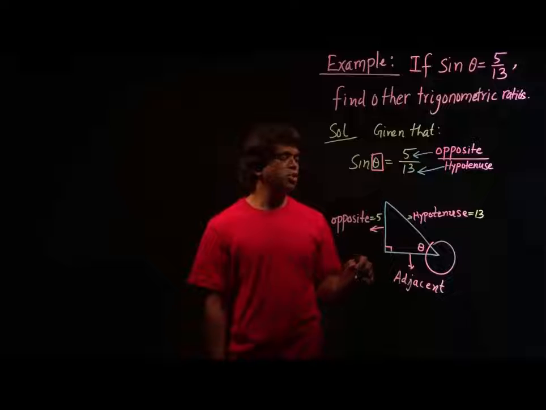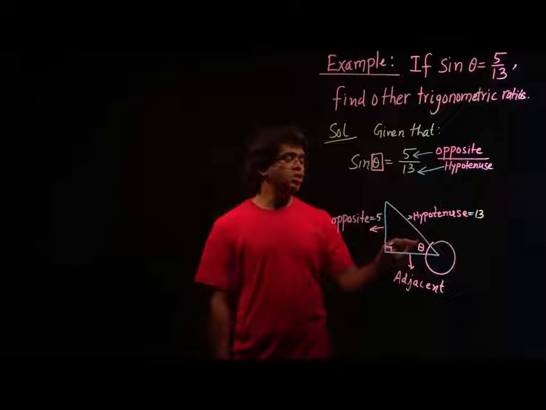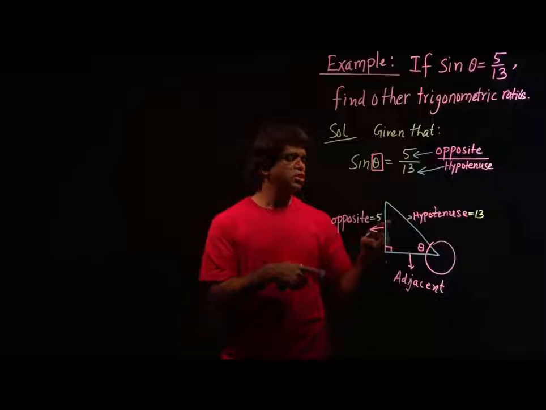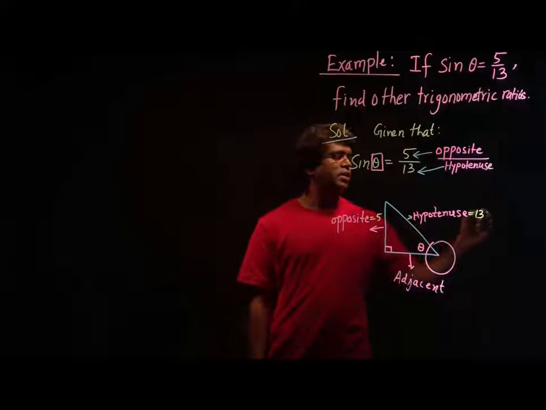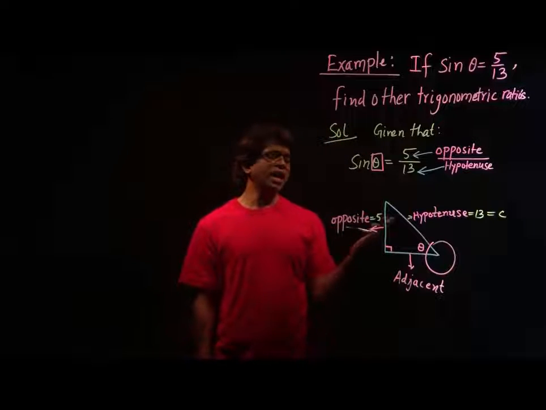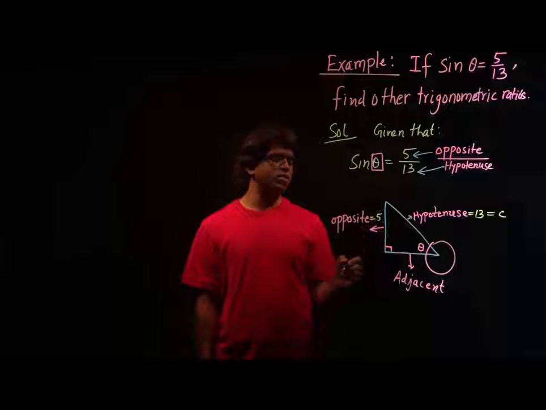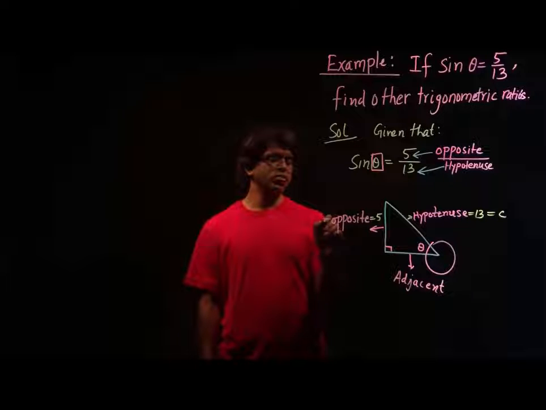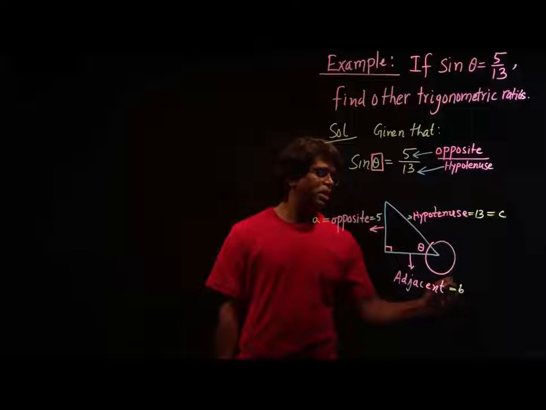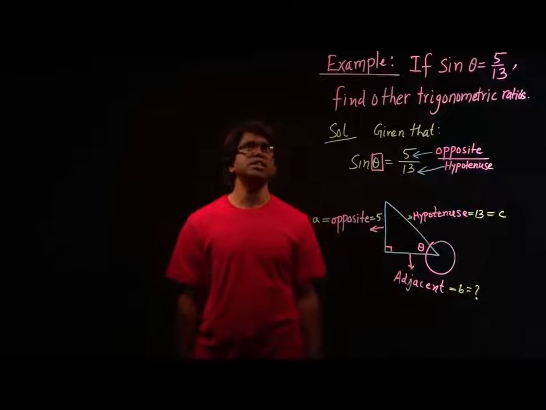I'm going to write the sides as a, b, and c. Hypotenuse is always c, and it doesn't matter which one is a and which one is b. I'm going to take the opposite as small a and adjacent as small b, which I don't know.